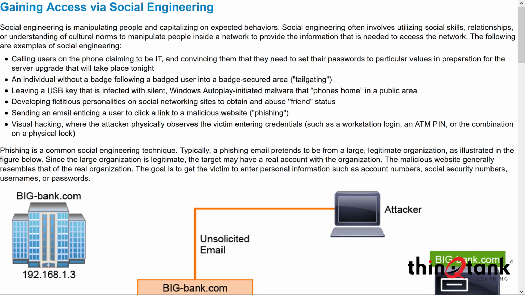Oftentimes, if you're doing impersonation, if you're good at it and you're convincing, imagine if you put on a bright yellow vest. We see this on those shows where they're pranking people. You put on a hard hat and a yellow vest and grab yourself a clipboard and something on a lanyard, and you start walking around a park and ask people to leave because you're going to be doing construction.